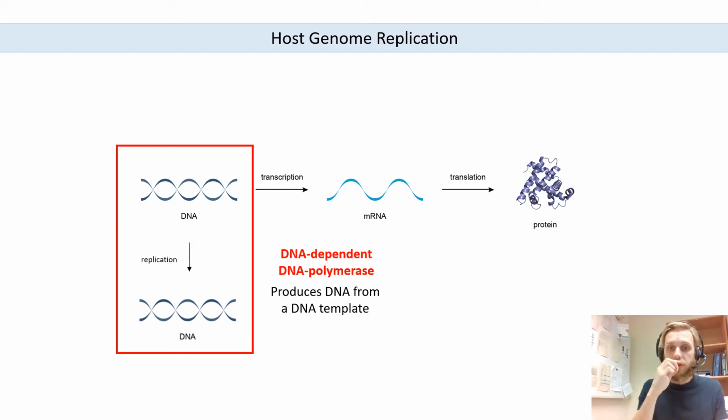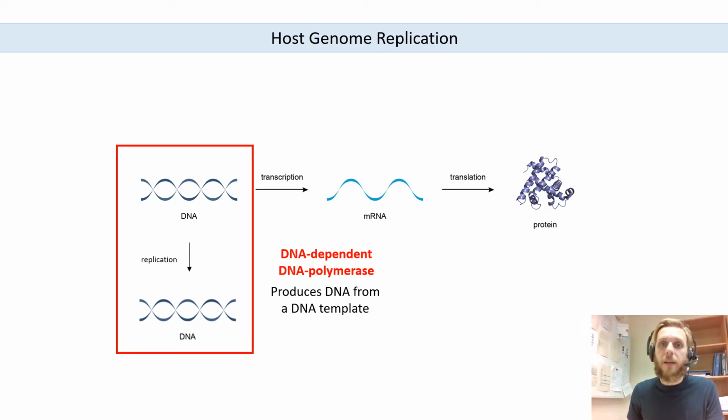For genome replication in the host cell, we understandably need a different enzyme to catalyze the process. So we're not using a DNA template to produce RNA. So a DNA-dependent RNA polymerase isn't appropriate. It's not going to work. We're using a DNA template to produce a DNA copy. So we're going from DNA to DNA.